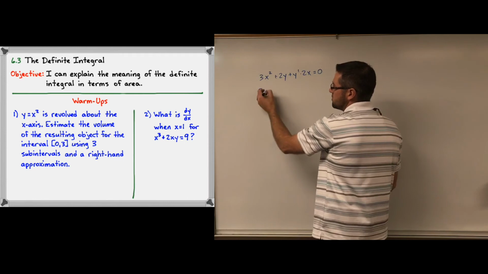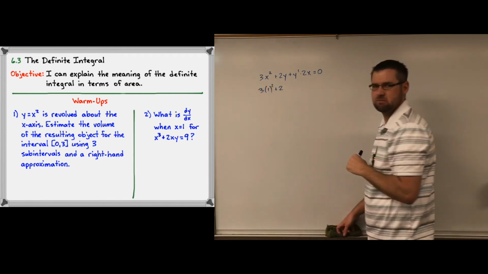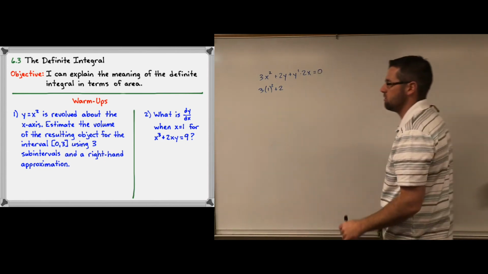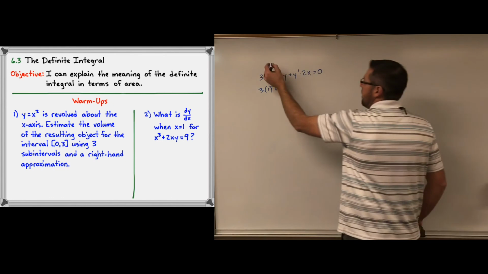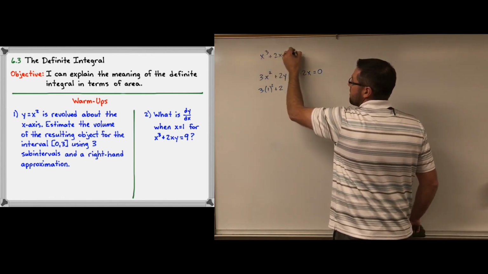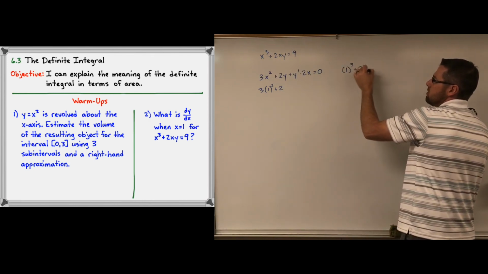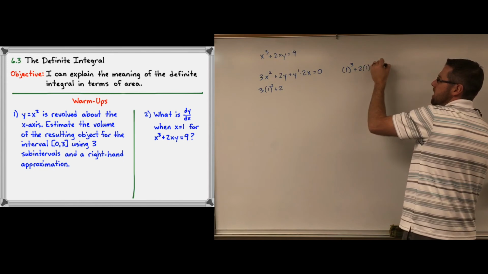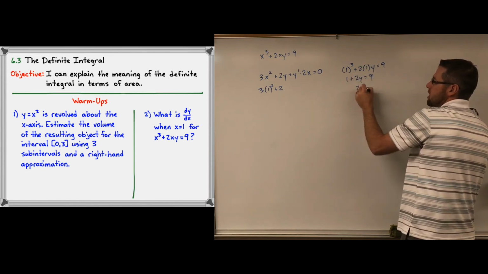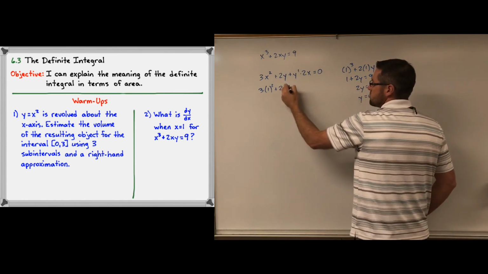We know x is 1, so we have 3 times 1 squared plus 2 times what's y? We've got to find y by plugging into the original equation. If x cubed plus 2xy equals 9, then 1 cubed plus 2 times 1 times y equals 9. So 1 plus 2y equals 9, 2y equals 8, so y equals 4. So we can plug that in here.